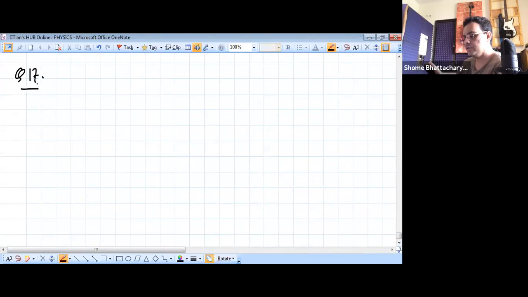The angle between u and v in degrees is how much? The resultant of u and v is perpendicular to u, and the magnitude of the resultant is equal to half of the magnitude of v.